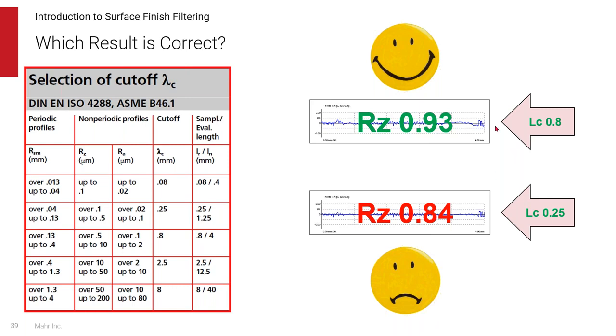We're going to make sure that the 0.8 comes out as our value for Rz, which is 0.93, which is between 0.5 and 10. Now we've gone to a smaller one of 0.25, and you can see that the Rz is over this value. So this is not a good reading. The 0.8 was the proper one to use in this case.